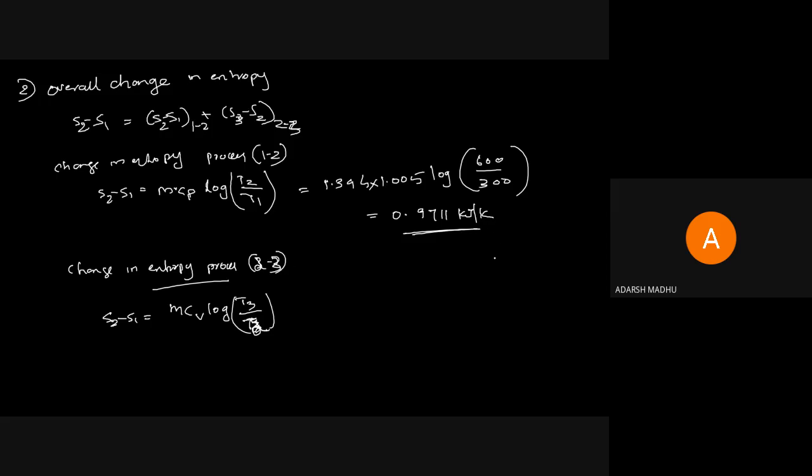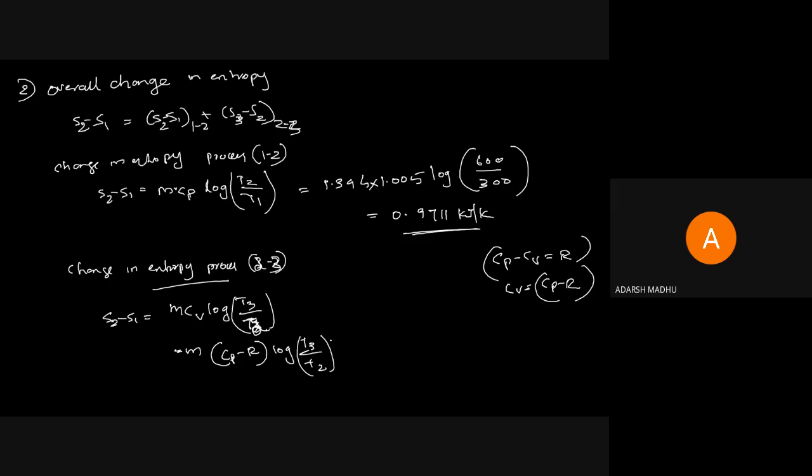So we know that Cp minus Cv equal to R. So Cv equal to Cp minus R. Substitute Cv as Cp minus R: m into Cp minus R, log T3 by T2.